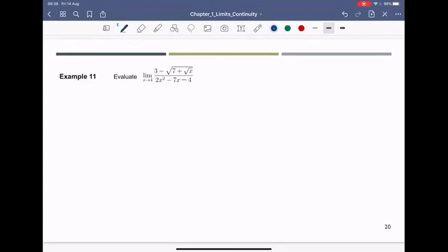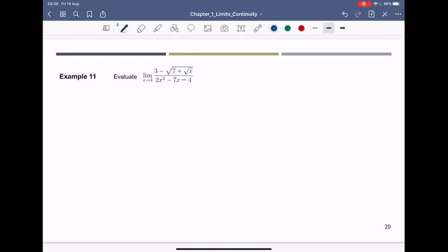Let's look at this question: the limit of 3 minus square root of 7 plus square root x over 2x squared minus 7x minus 4. I expect the student who wants to get a B plus or A to complete this question easily. This is not the basic question, but you have to do something, though not that hard. Okay, let's do it together.